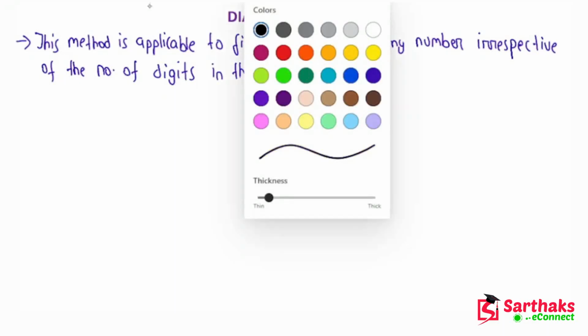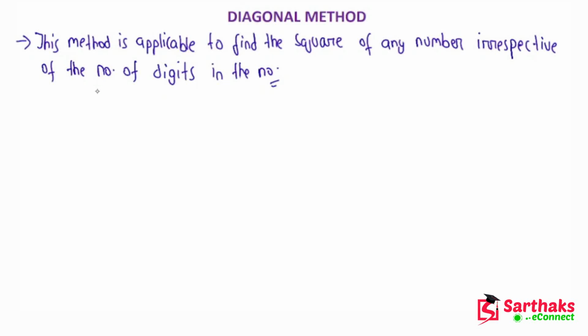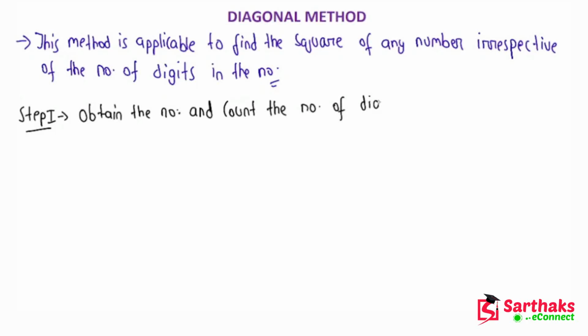So let us talk about the steps, that how do we use the steps to find the square with the diagonal method. So let us talk about the step number 1, which we have to apply in order to use this method. So this step says that first of all obtain the number and count the number of digits in it.